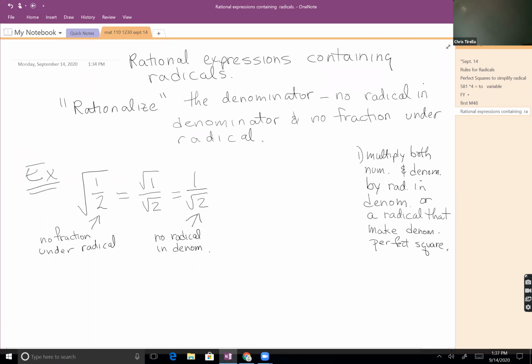So worst case scenario, if you don't see anything else, you can multiply numerator and denominator each time by the radical in the denominator. Sometimes though, there's a smaller number you can use. It gives you less arithmetic to do, less computation to do. But if all else fails, you're going to multiply it by that radical that's in the denominator.